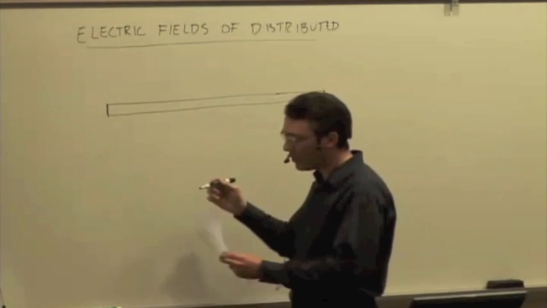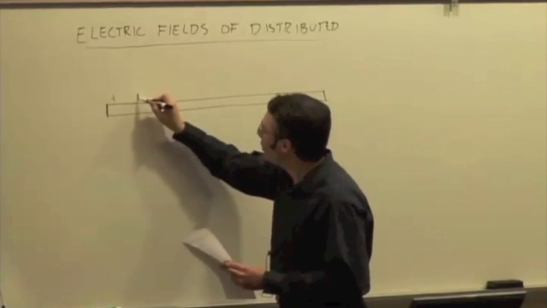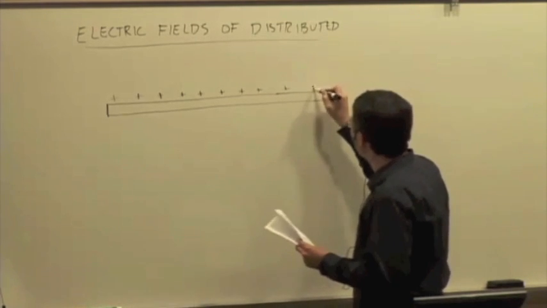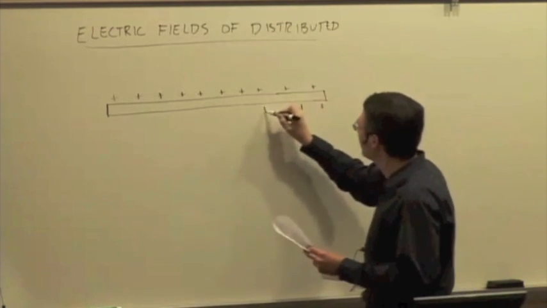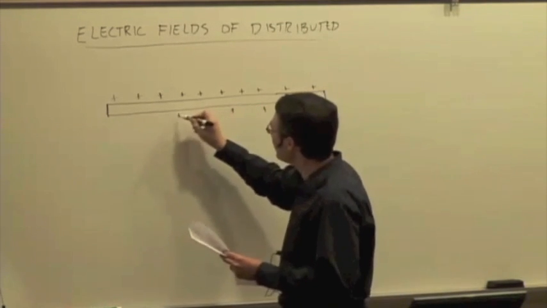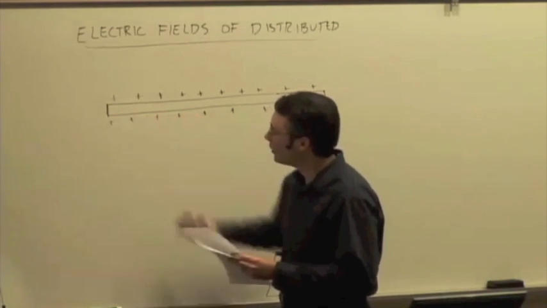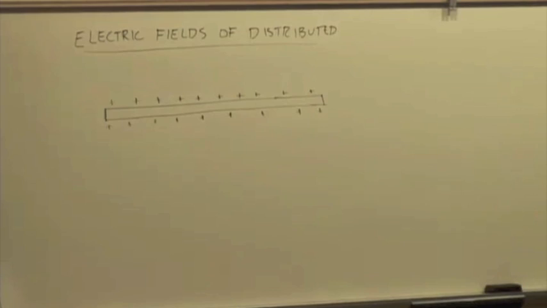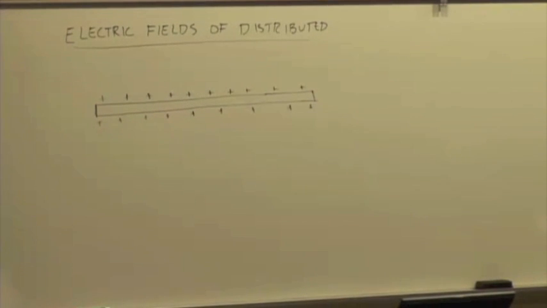Okay, so let's say we have some positive charge that's uniformly spread over the entire object. So we have a complicated or macroscopic object that has a charge distribution on it. And we want to find the electric field that's made by this positively charged object.